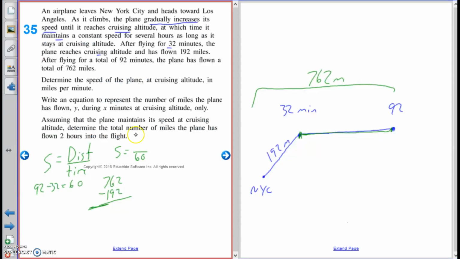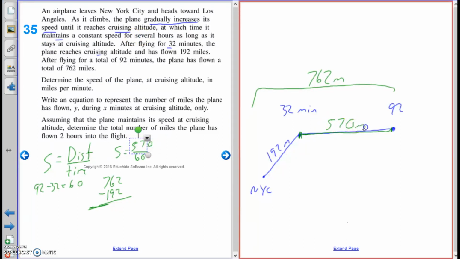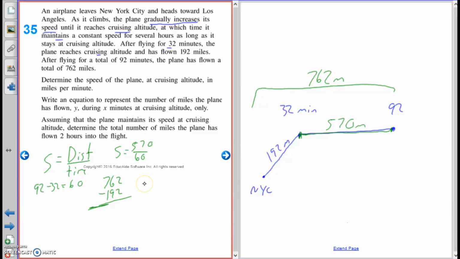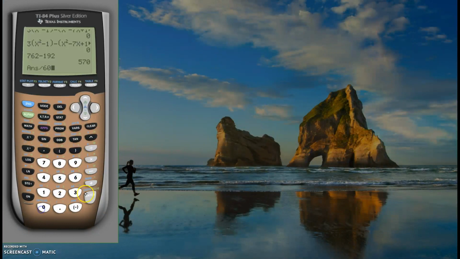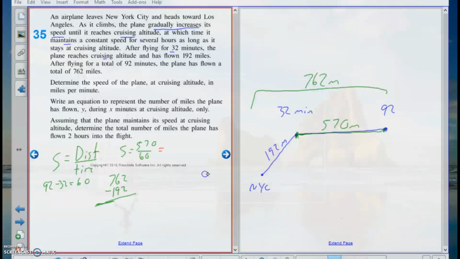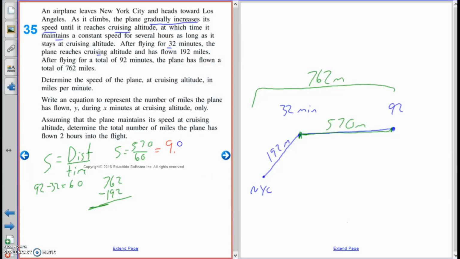So 570 is the distance traveled during cruising altitude, and it took 60 minutes during that cruising altitude. So when I divide distance by time, that 570 divided by 60, we get 9.5. And so the speed is 9.5.